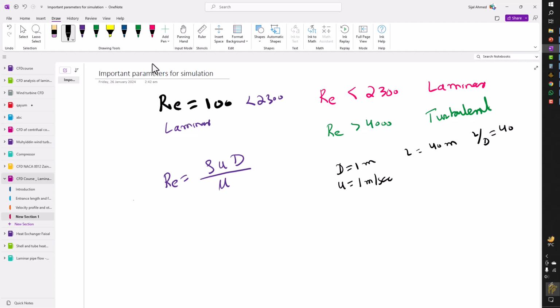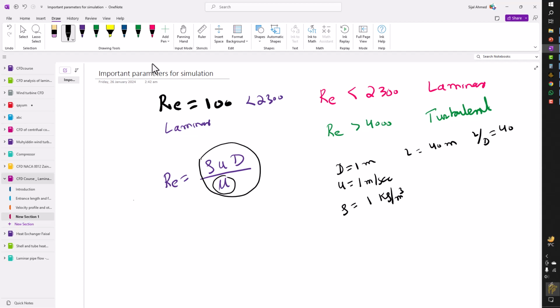Okay, so we have taken u equal to 1 meter per second, and also we are assuming the density of the fluid is equal to 1 kilogram per meter cube. So now the only remaining term in the equation is mu, and we cannot take any value for mu because we want the ratio of all these terms to be equal to the Reynolds number, and it should be equal to 100. So we cannot take the value of mu randomly.